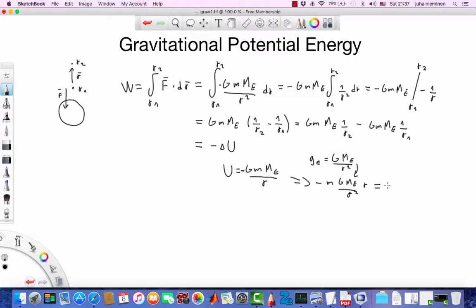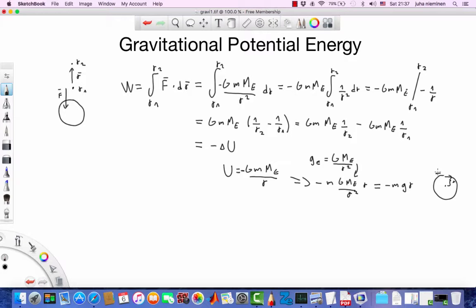So what we get is minus m g r, and this looks pretty much like what we had for the potential energy when we were on the surface of the Earth. The only difference is that we didn't measure the distance from the center of the Earth like we are doing in this case, but instead we arbitrarily chose our zero level, and usually we did it on the surface of the Earth.